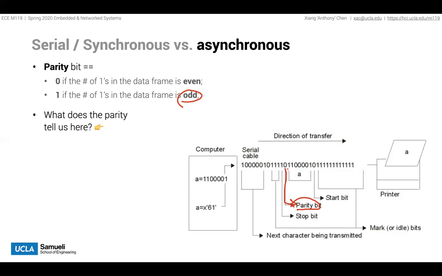But it's 0. So that means either this payload is corrupted or this parity bit is corrupted. In either case, the best practice is for the receiver to send an acknowledgement to the sender asking to resend this packet.